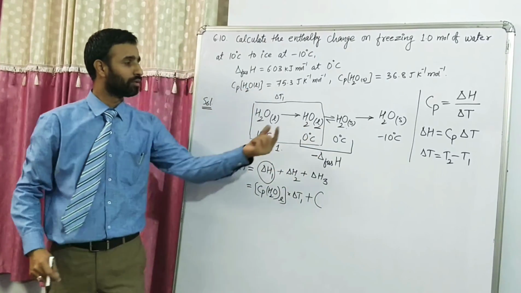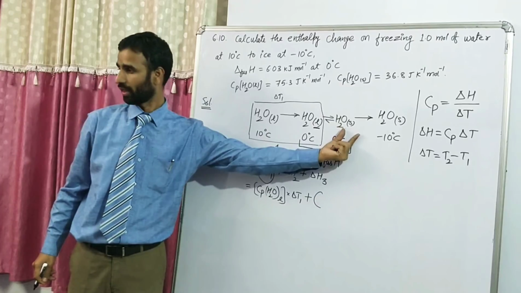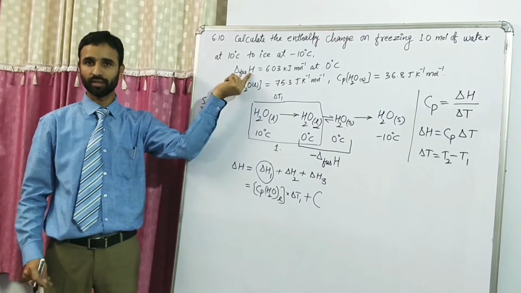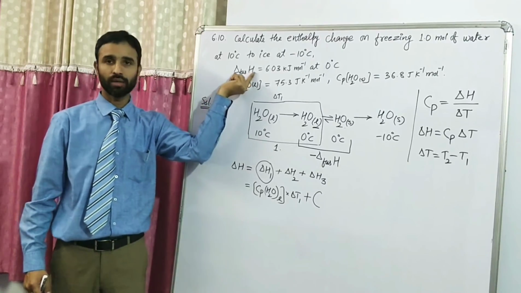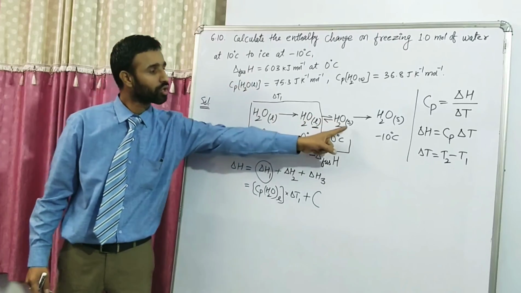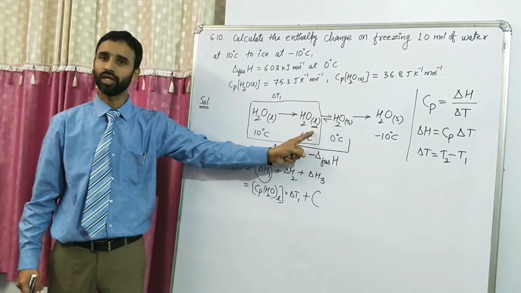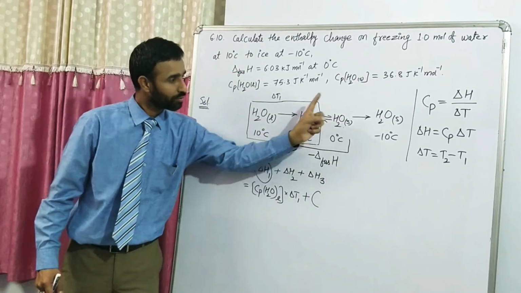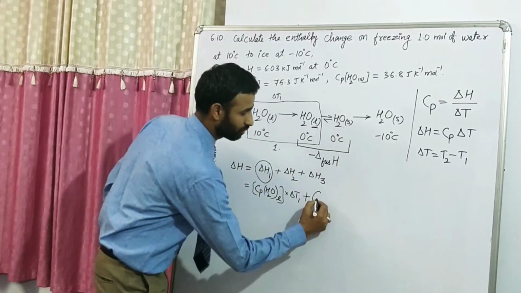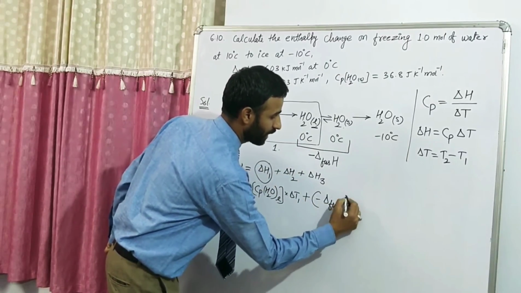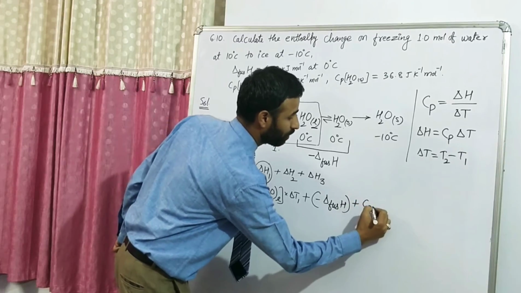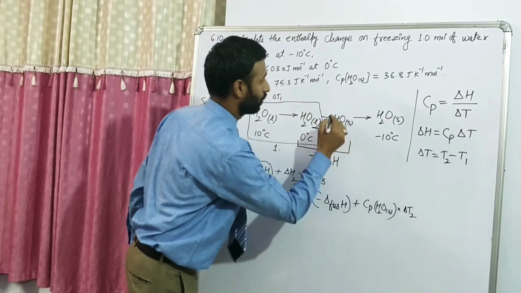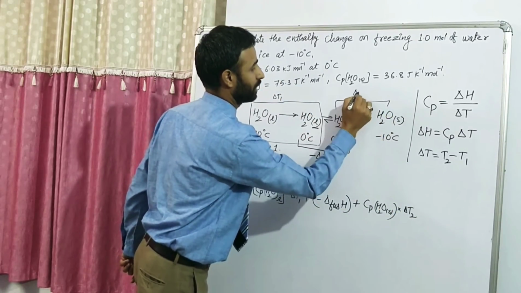Plus delta H2, from H2O liquid to H2O solid. What is given to us? Enthalpy of fusion, which is for 1 mole of solid converted into liquid. But here we are freezing, so it is with a negative sign. Then plus Cp of H2O solid into delta T2.